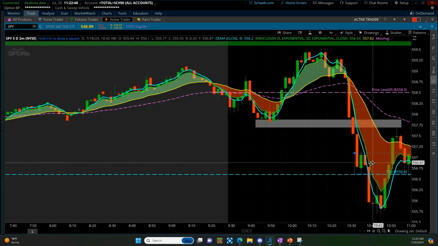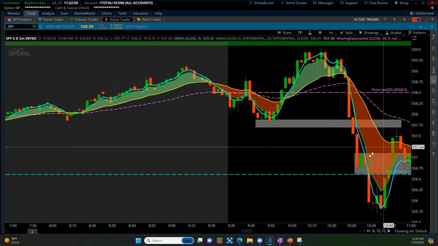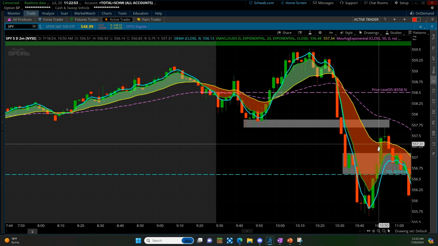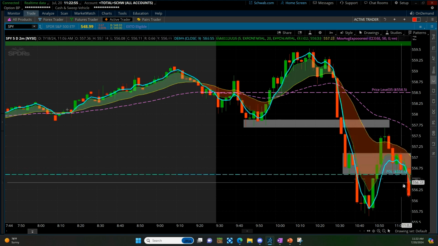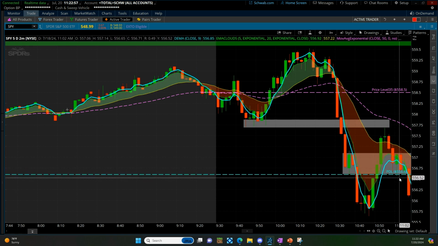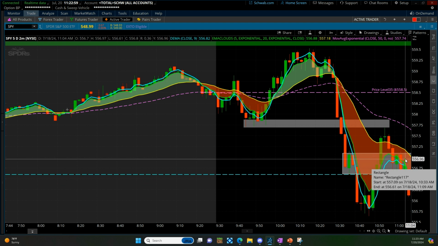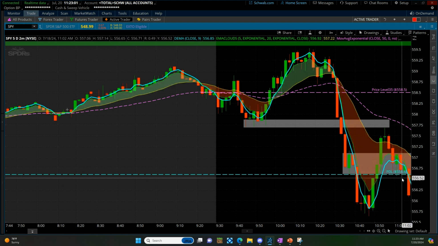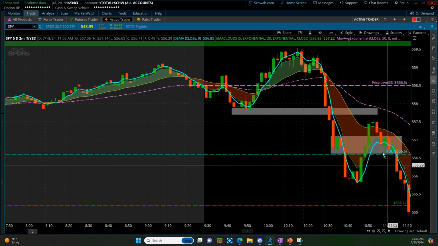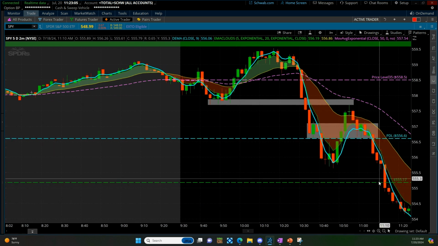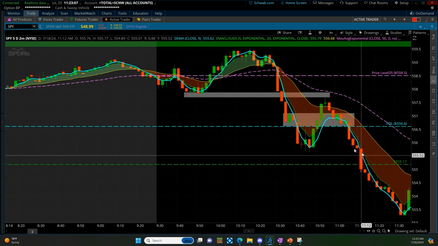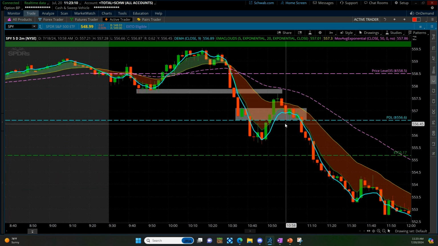So I'm looking for this little sweet spot here to be owned by sellers. That's exactly what happened. Once we broke below it, that would be a great short entry right there with your stop above this little green candle. And that would get you in the market targeting your 55517 and below.